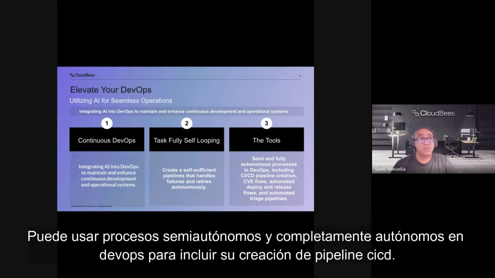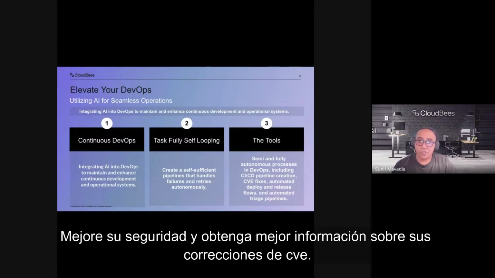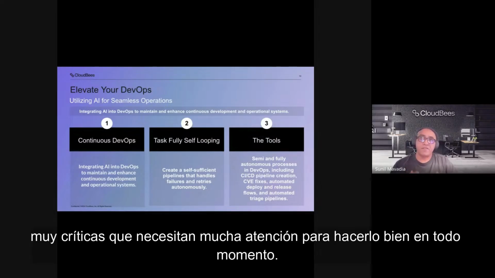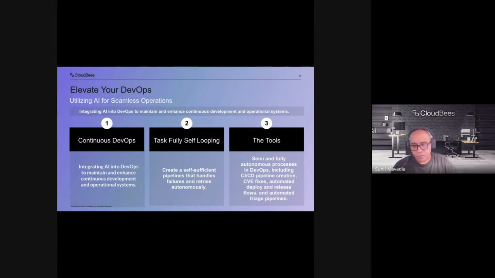You might be using semi and fully autonomous processes in DevOps to include your CI/CD pipeline creation, improve on your security, and get better information around your CVE fixes, improved deployment of your applications through standardized release flows, and automated triage pipelines where the feedback loop is consistent and constant. Very, very critical areas that need a lot of attention to do well at all times.